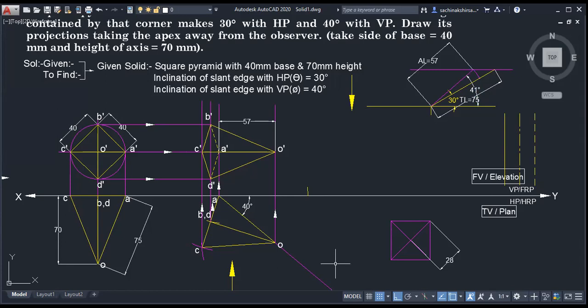Are you getting how it is? Simply, you draw one horizontal line. On that you take true inclination and true length. Then you mark one locus and on that locus you cut the apparent length. Now, what is the relation between true angle and apparent angle? Apparent angle is greater. Always remember.